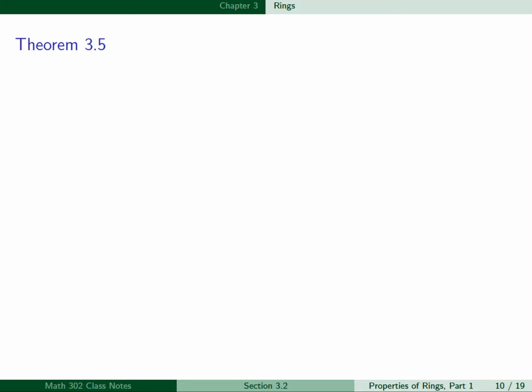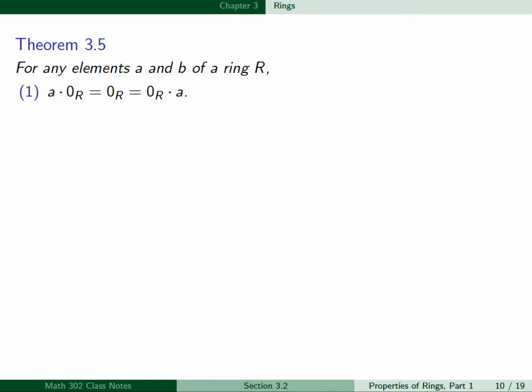Next we have Theorem 3.5, and this says for any elements A and B of a ring R, we have 7 parts to the theorem. So the first part says that A times 0 sub R equals 0 sub R, and this is also equal to 0 sub R times A. So whenever you multiply an element times the additive identity, you get back the additive identity.